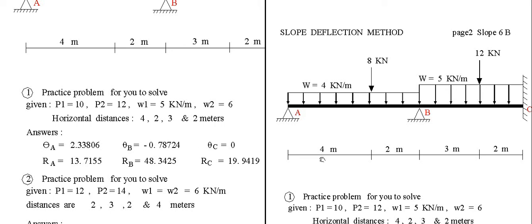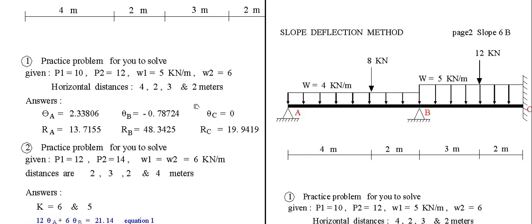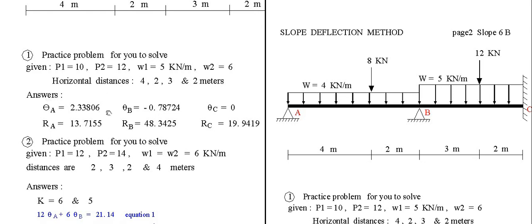Then the distances are 4, 2, 3, 2, the same. Then the answer of theta, we have this. The three reactions are this. Okay.